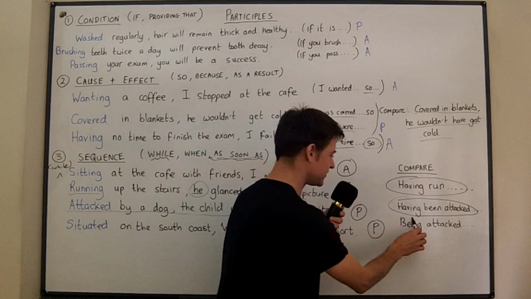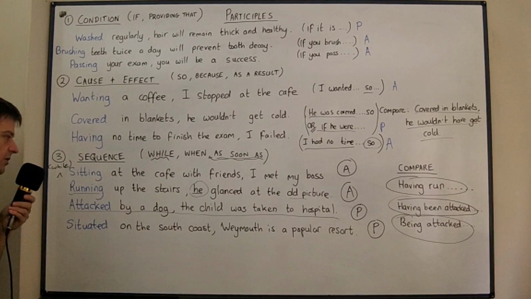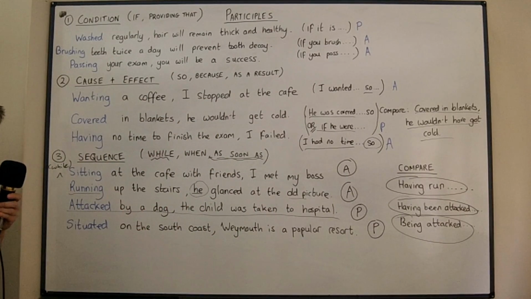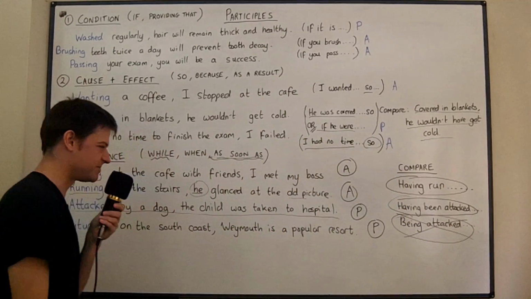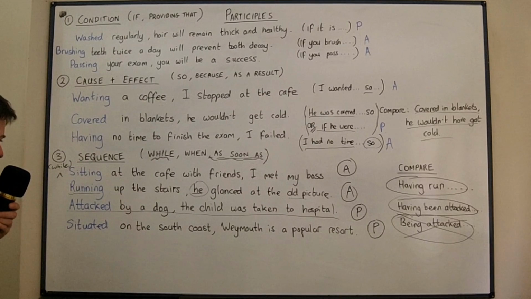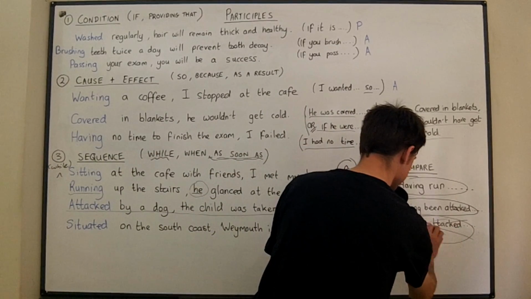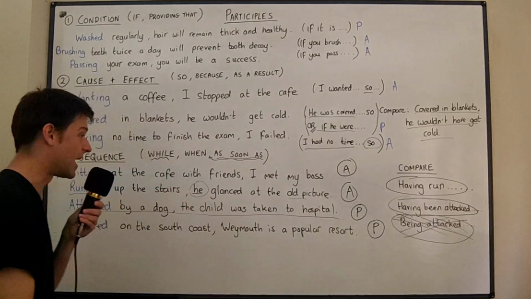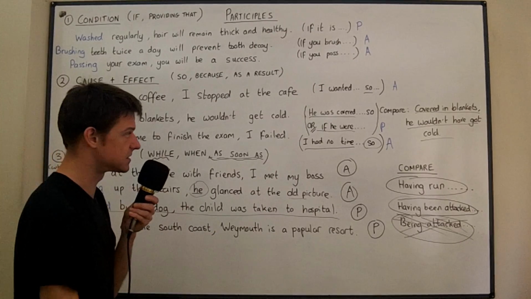And lastly, you could even say being attacked by a dog, the child was taken to hospital. I don't like that one actually. Now, I wrote it down, but I'm not sure we would use it. No, I don't think we would actually. I've put it down there, but get rid of it. I've changed my mind. But having been attacked or attacked by a dog, both of those sound good.